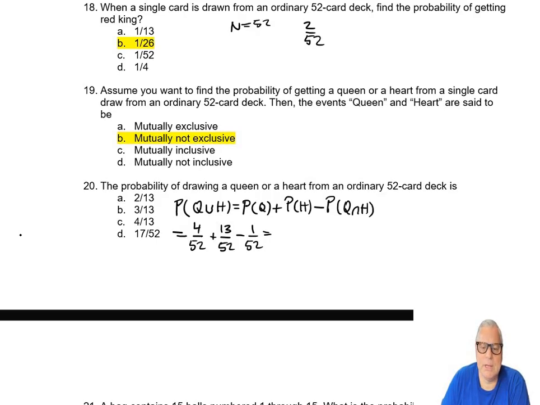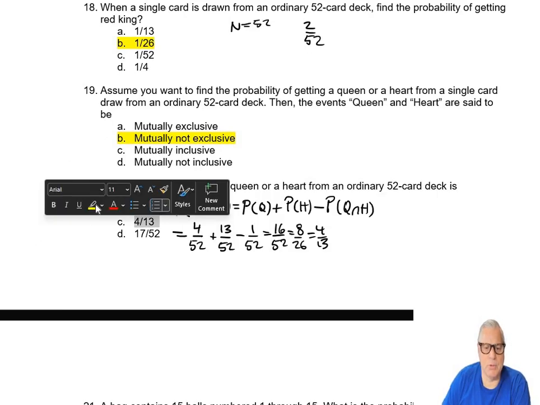So the probability is 16 over 52, which is the same as 8 over 26 or 4 over 13. So the answer is 4 over 13.